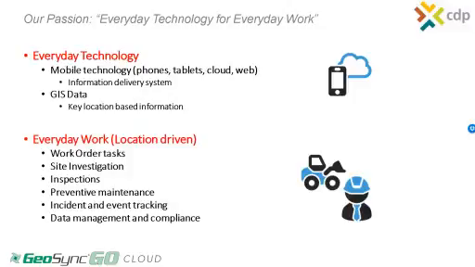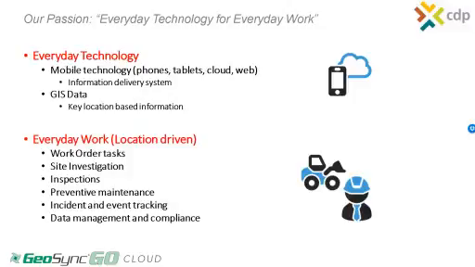And then everyday work, which we're thinking about as the work that we do that's location driven, which is most all the things that go on in terms of asset management. Thinking about work orders, site investigations, inspections, preventive maintenance activities, incident and event tracking, data management and compliance. All those things are typically location driven.